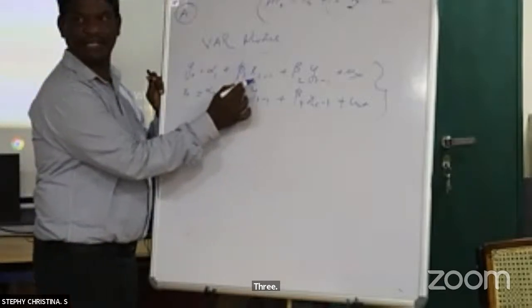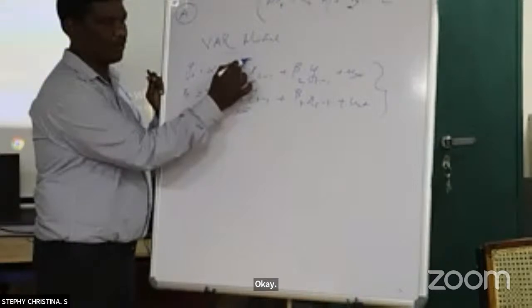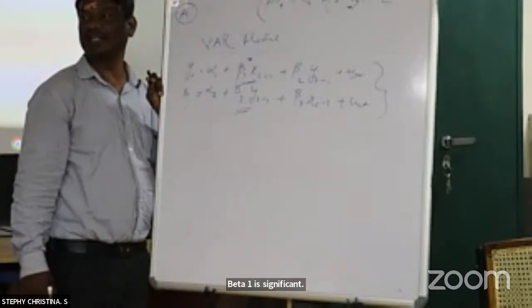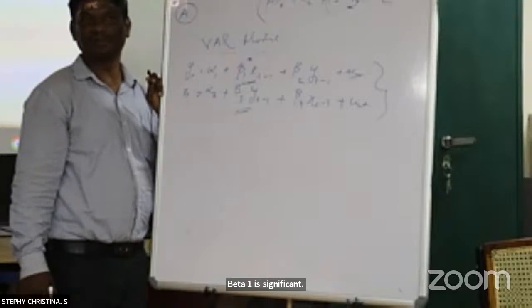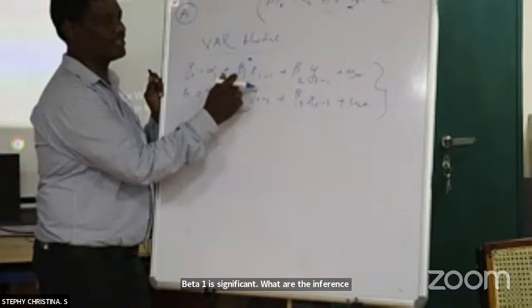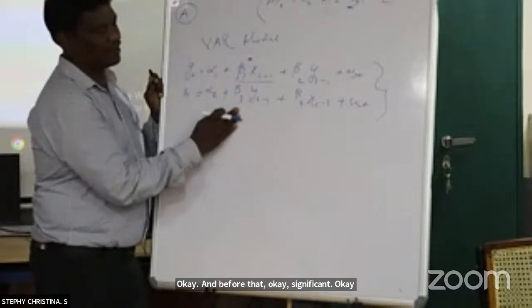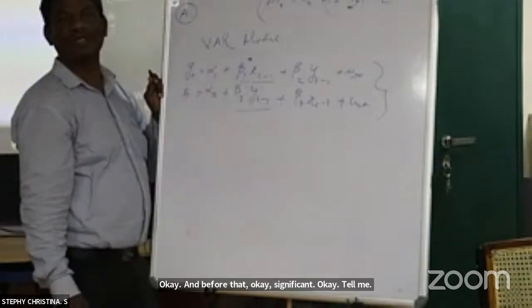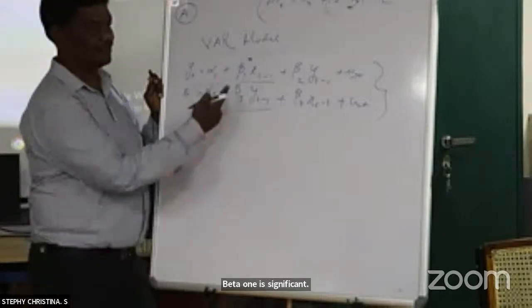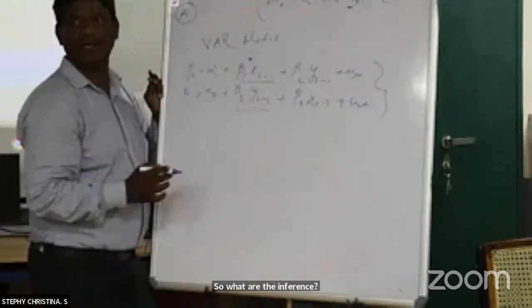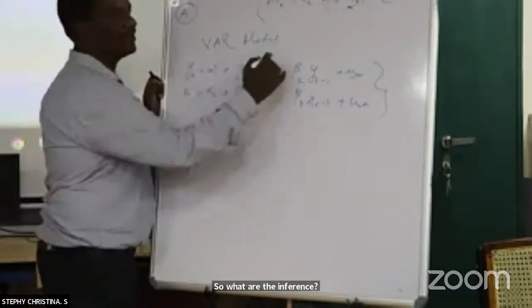If beta 1 is significant, what is the inference? This is the VAR model. Why VAR model? We are going for, let's say, causation.